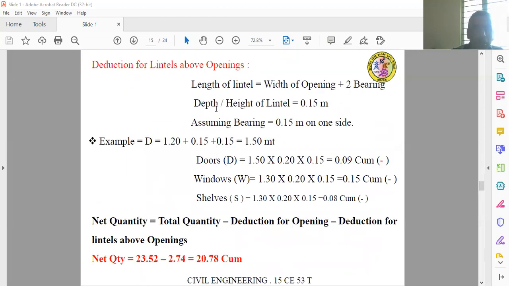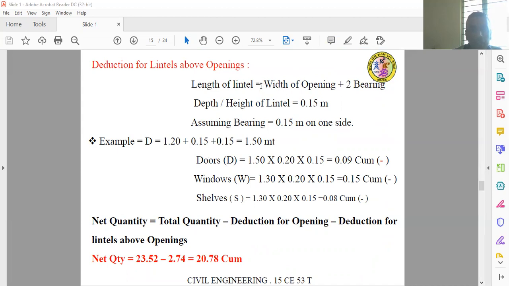After the deduction is calculated, you can easily calculate the total quantity of deduction for brickwork in openings. Then you have to find out the deduction for the lintel above the opening. The lintel is normally provided above the door or above the opening.